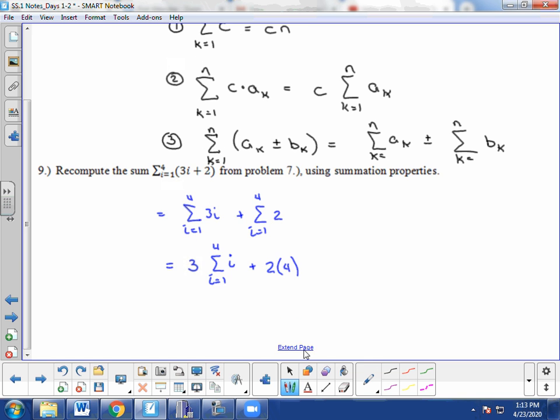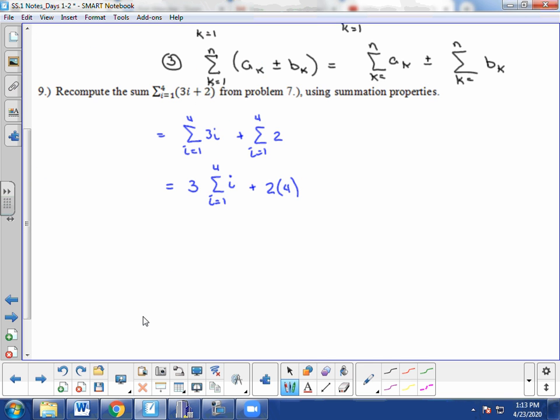And now this gives me a different way to solve the problem. So this would be 3 times, if i goes from 1 to 4 and it's just i as my sequence expression, this would just be 1 plus 2 plus 3 plus 4, plus 2 times 4, which is 8.